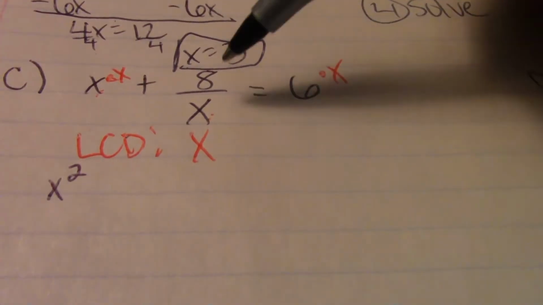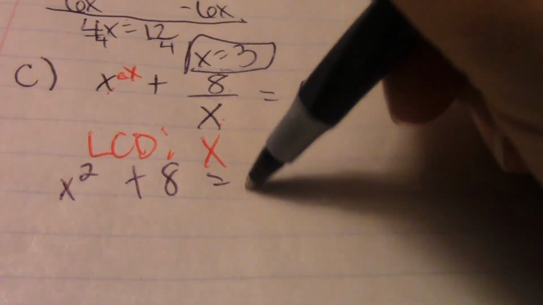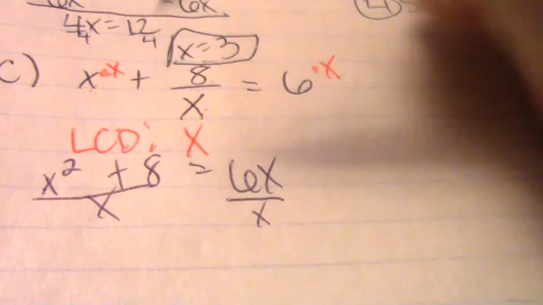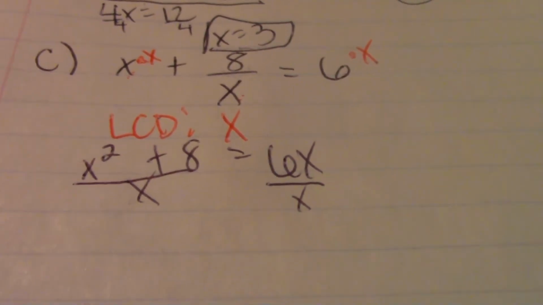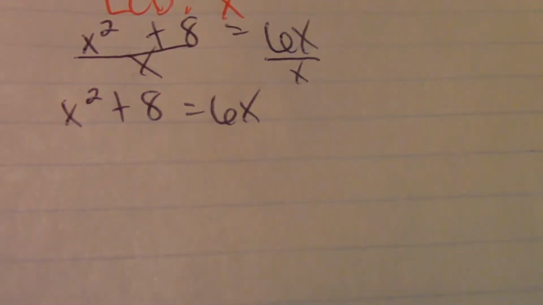So x times x is x squared. We didn't multiply that by anything, so plus 8 equals, and 6 times x is 6x. And the bottom of each of these is x. So the bottoms are the same, so set the tops equal. So x squared plus 8 equals 6x.